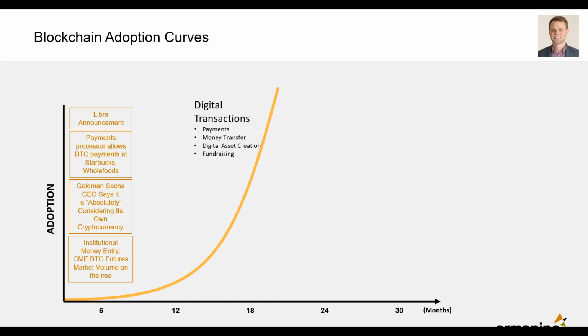And then what we're also seeing is retailers like Starbucks, Whole Foods, AT&T accepting cryptocurrency as a form of payment already today. You're just seeing this very fast, accelerating pace of retailers accepting cryptocurrency. And we're seeing that in the sports world as well.